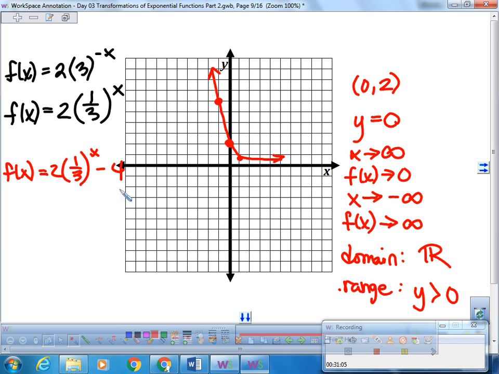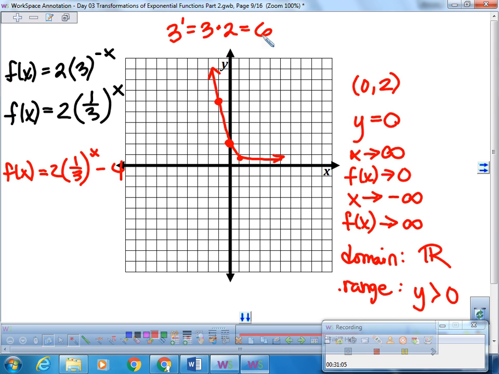Okay, let's go back to it. So, normally I would go with a base of 3. I would go over 1, up 3, because 3 to the 1 is 3. But I have 2 of those. So I have 6.